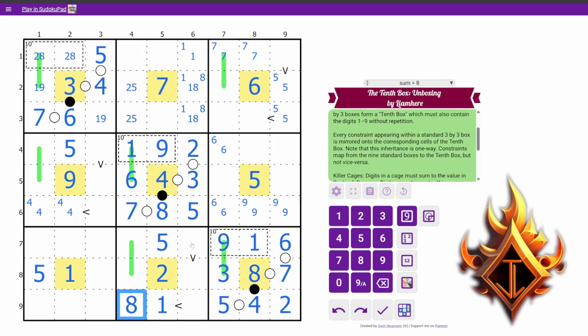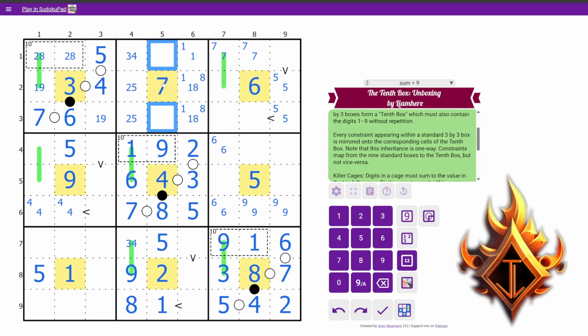The numbers that are left in the column are 3, 4, 9. So that means the 9 has to be on the green because the other 2 are small, but 9 can go with either one of those. So we'll do that.